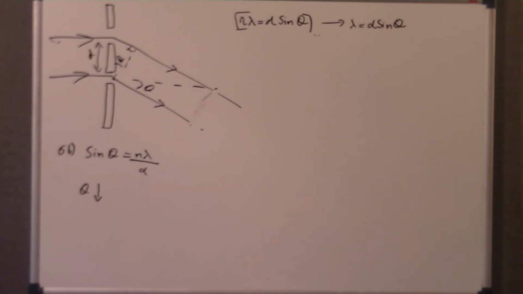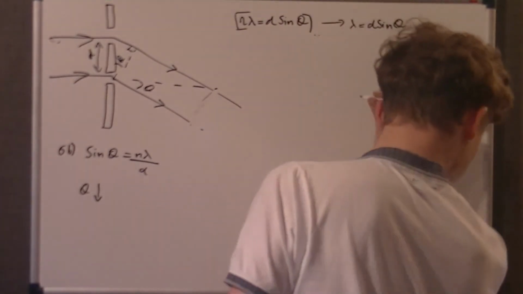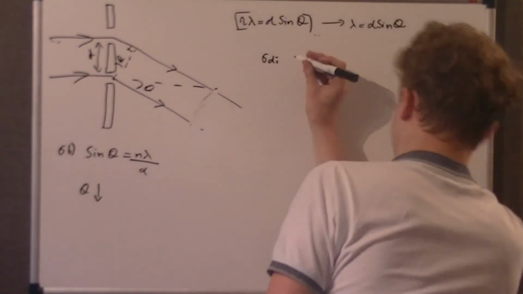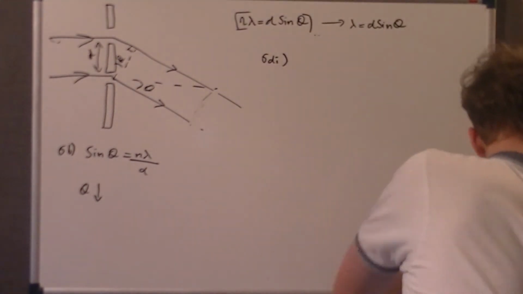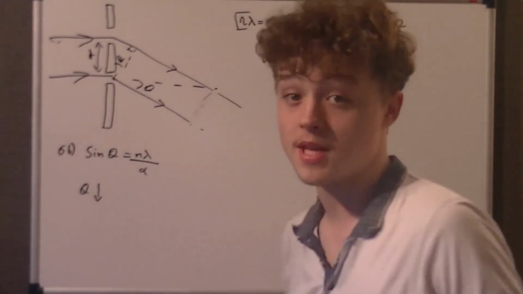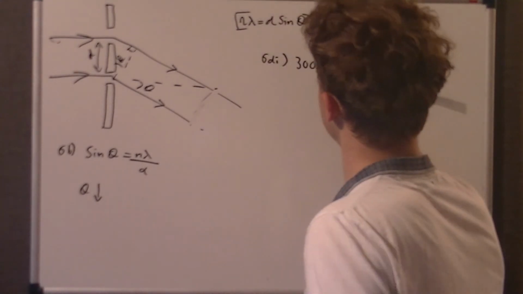And it says the diffraction grating used to obtain the spectrum is around 300 slits per millimetre, calculate the distance between two adjacent slits on this grating. So the number of slits per millimetre is 300. As we know, there's 1,000 millimetres in a metre, so we times 300 by 1,000.